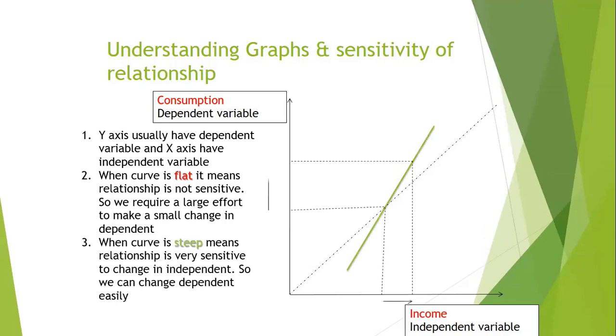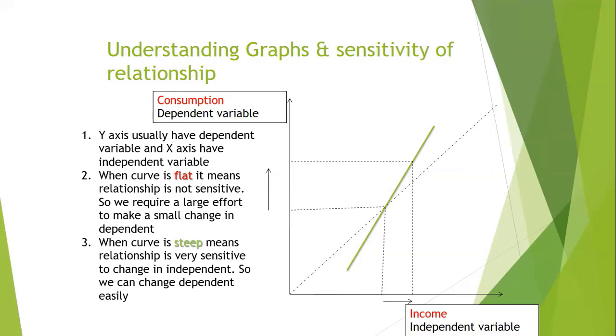We discussed that there are two graphs, and the graph which is vertical as compared to the dotted line will be called steep. And the graph which is more horizontalish as compared to the dotted line will be called flat.